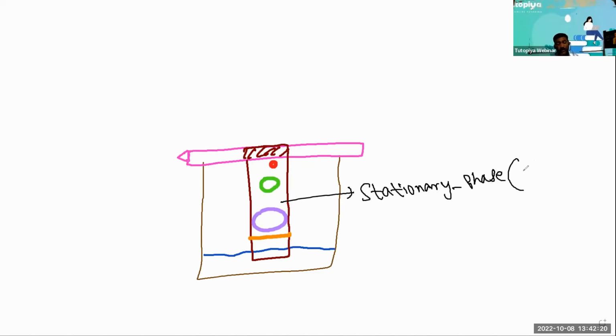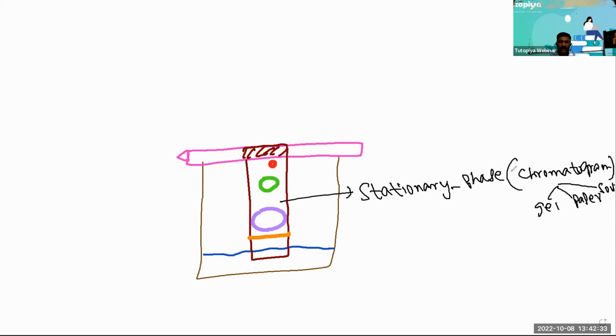Okay, or you also call it a chromatogram. You know, a chromatogram can be a gel, or it could be a paper, or it could be a solid. There are different types. You have gel chromatography, paper chromatography, solid chromatography. Here we are taking paper chromatography. The paper is not moving. It's stationary. It's called the stationary phase.